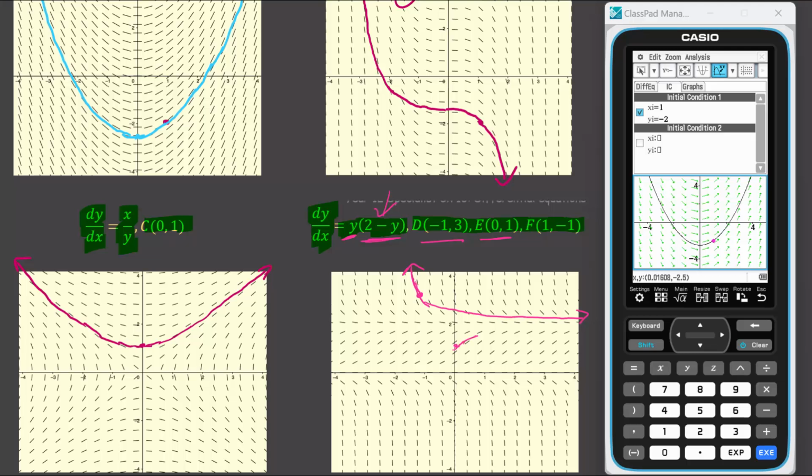That is going to go up here, and then it's going to asymptote to that, and it's going to come down here, and I think it's going to asymptote out that way. And then we've got (1, -1), which is about here, and that looks like it's going to go sharply off the bottom of the graph there, and it's going to come over and it will asymptote out that way.